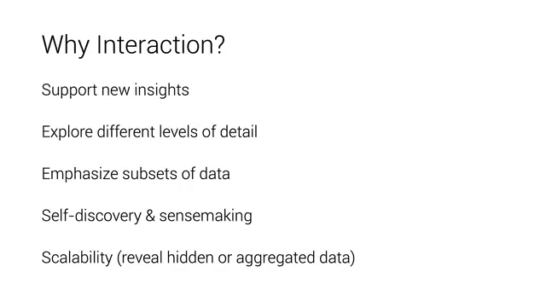In a similar way, we might choose to emphasize specific subsets of the data, and we can isolate and specify and learn what those subsets are through inputs provided by the user. Another very common and often underrated reason to use interaction is the process of self-discovery or sense-making.